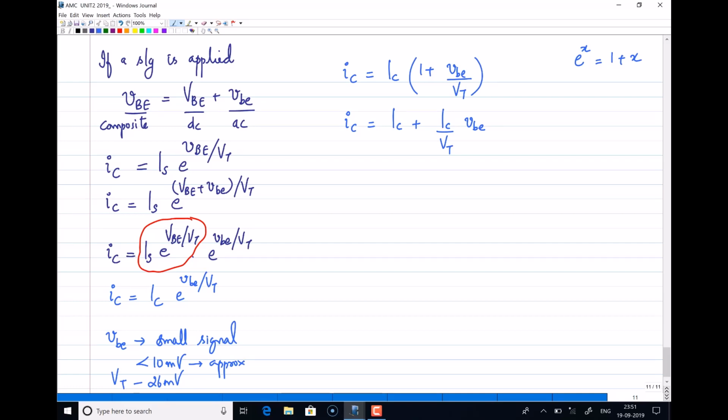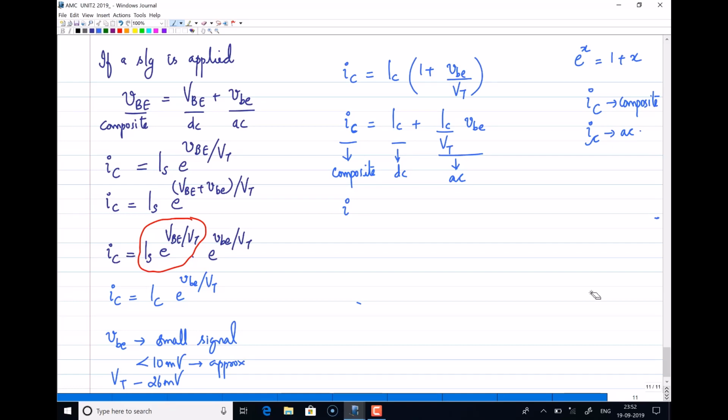Now if I look at this composite signal, this is the composite current. This is the DC current, which means this should be the AC current. So I will use capital I subscript C for composite and small ic for AC current, just to differentiate.